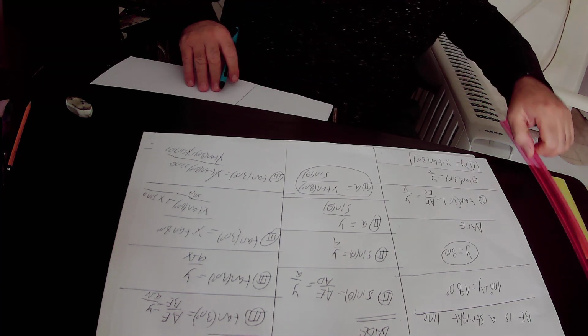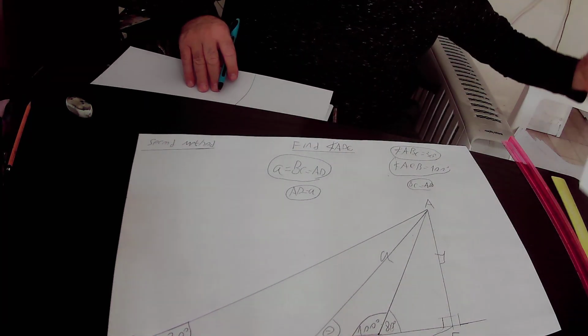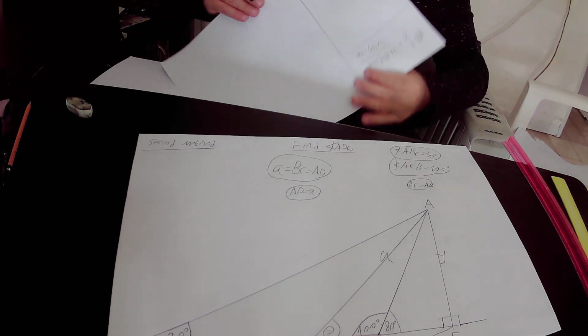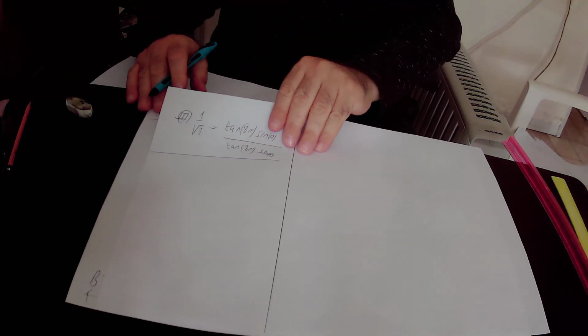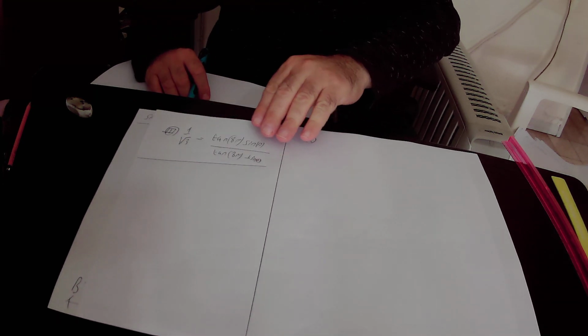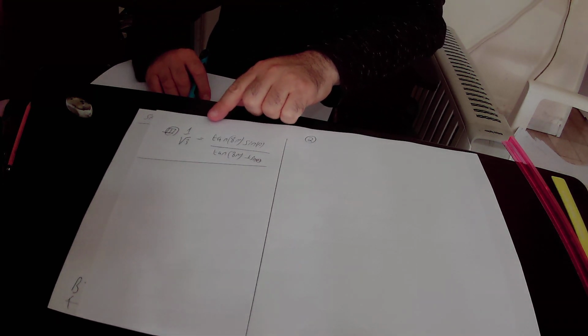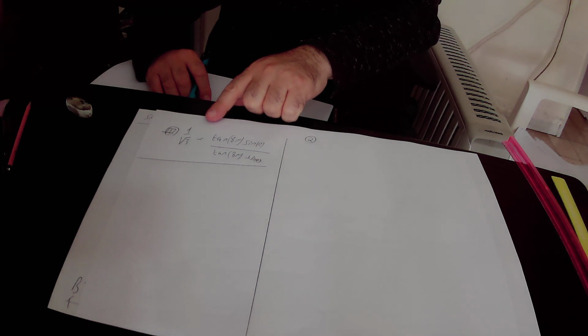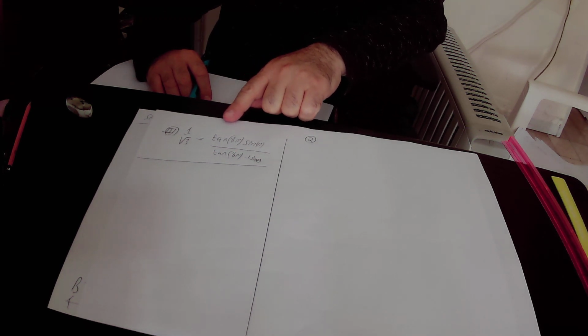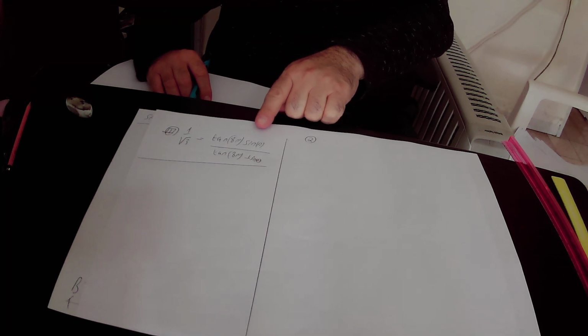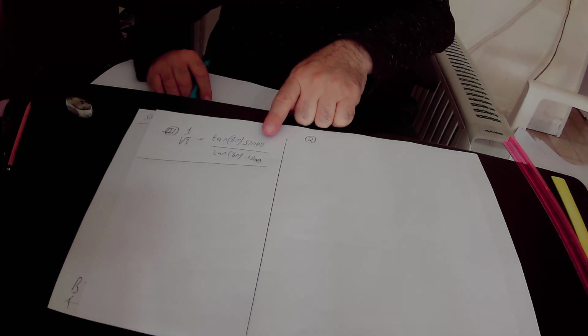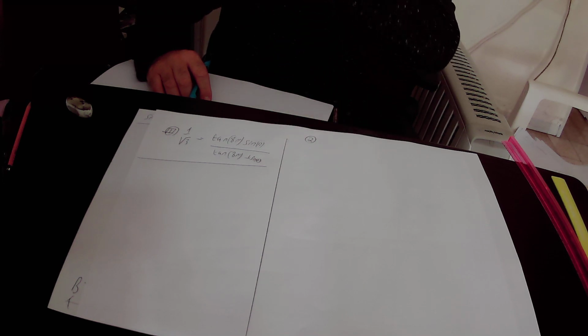So I'll repeat again. Going to equation number 3, we got that one over square root of 3 units, it is actually tangent 30 degrees, equals tangent 80 degrees times sinus theta over tangent 80 degrees plus sinus theta.